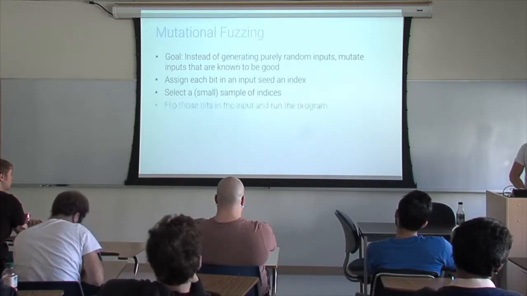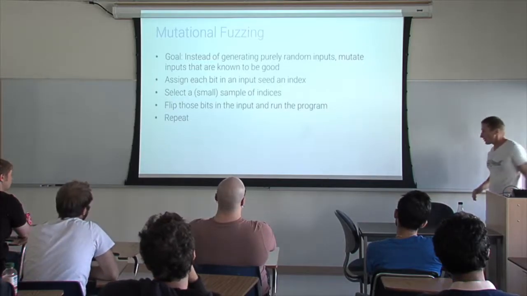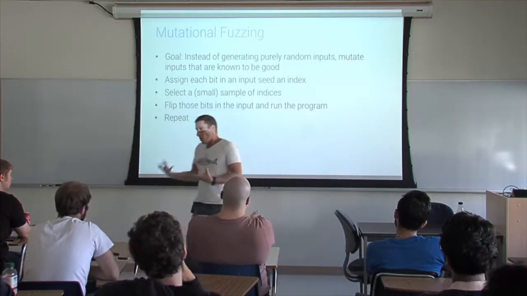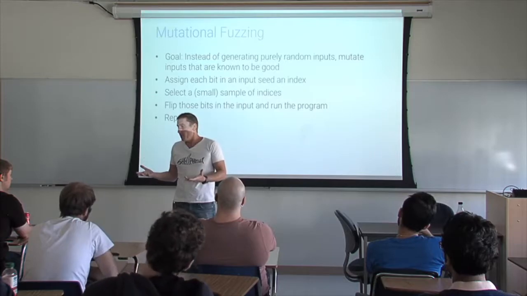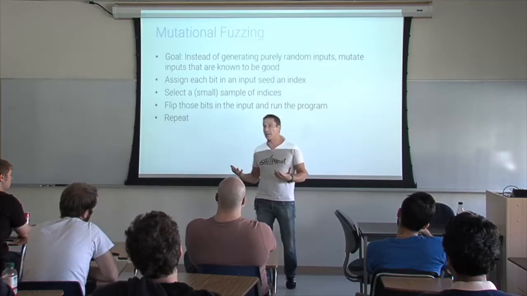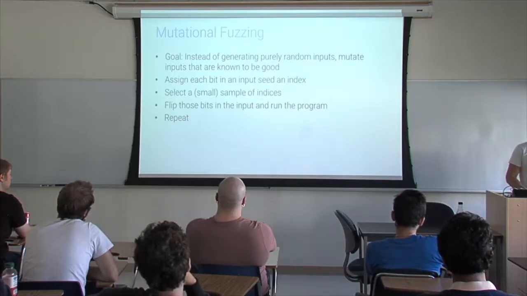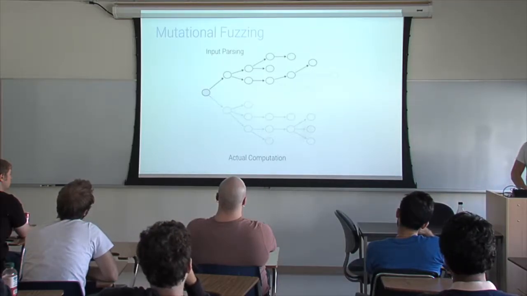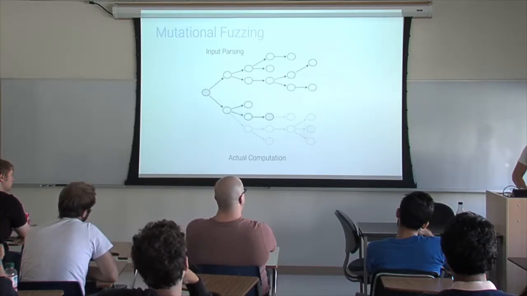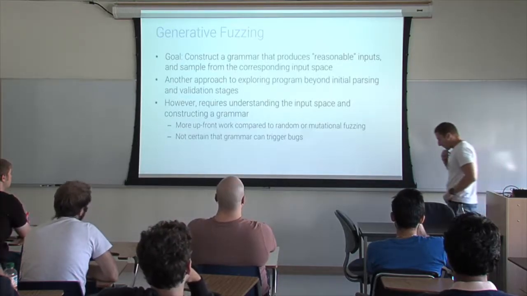You select a small sample, you flip that particular sample, you push it, and you repeat. So it's super simple, but the idea is that by starting with a valid input, you will go beyond that initial parsing routine, and you will get to interesting parts of the program. So you get much deeper in the parsing routine, and then there is some data that is able to pass by and actually influence the program.